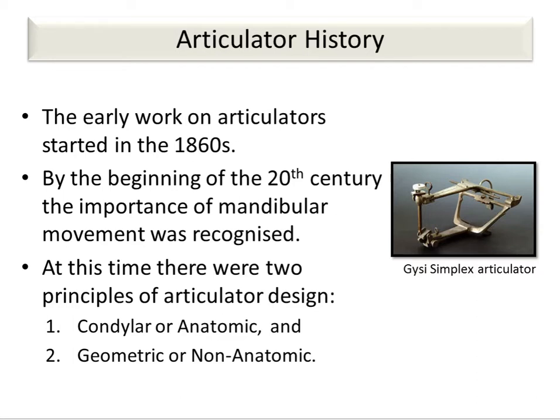The early work on articulators started in the 1860s. Simple hinge articulators became commonplace, but by the beginning of the 20th century, the natural variability of the condylar paths, both between individuals and from side to side in the same individual, were being recognized and appreciated as important aspects of mandibular movement. Dental scientists and inventors investigated the nature of mandibular movement in order to reproduce these movements in an articulator.